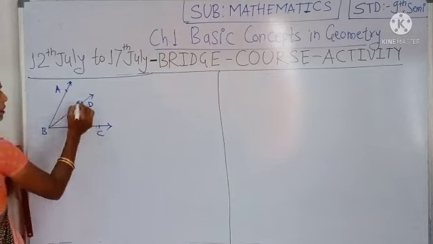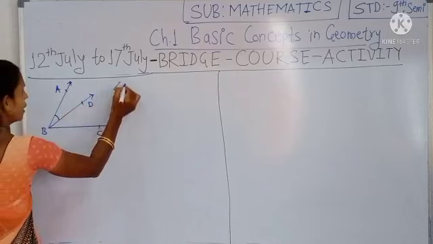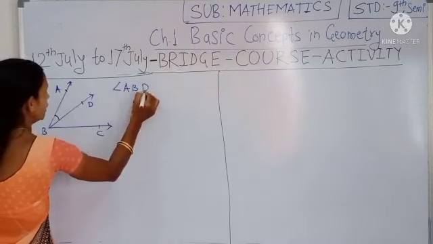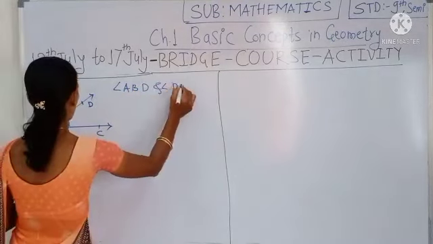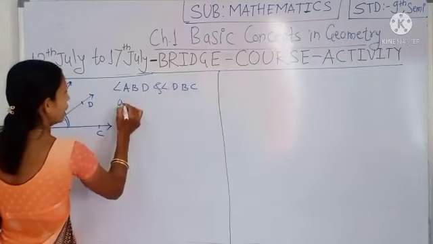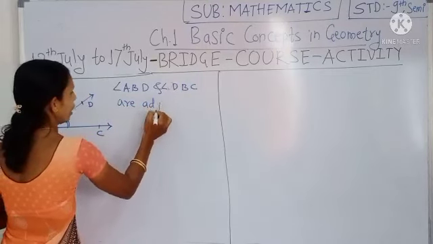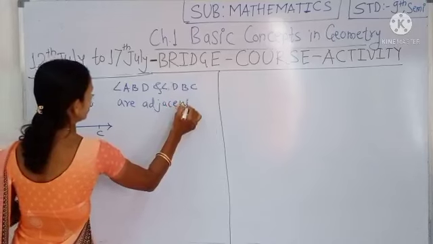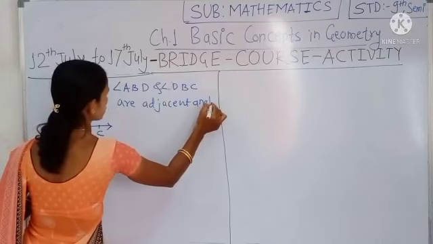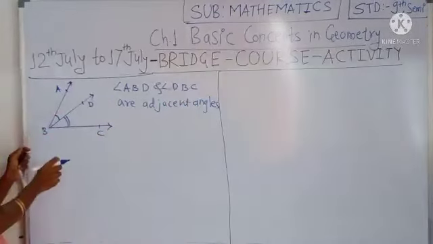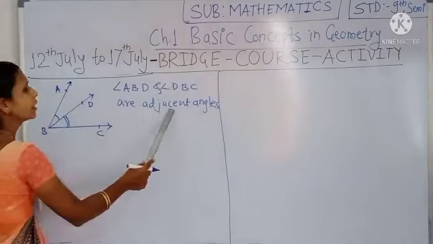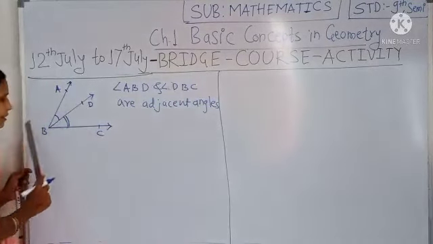Here angle ABD and angle DBC are adjacent angles. These are the neighboring or adjacent angles.